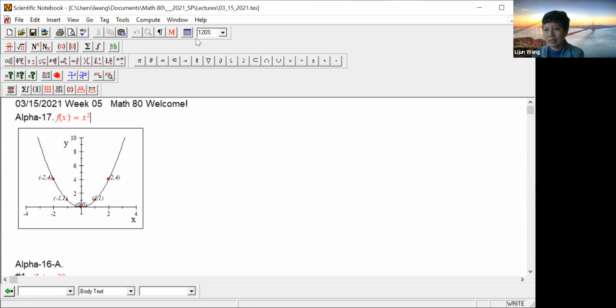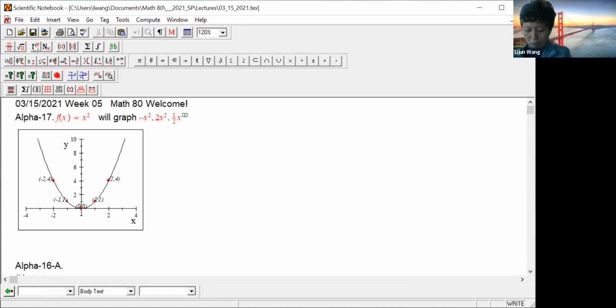But on alpha 17, we'll graph the other functions, the other quadratics. The first one is negative x squared. Then we're going to go on to do 2x squared. And then we're going to do half x squared.